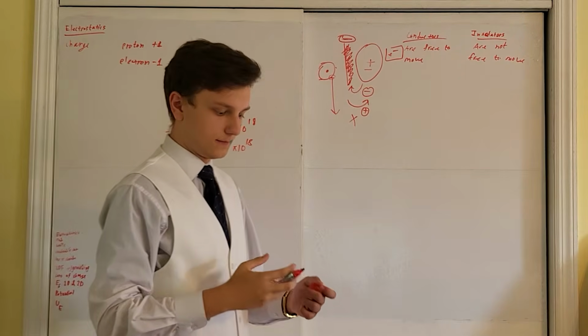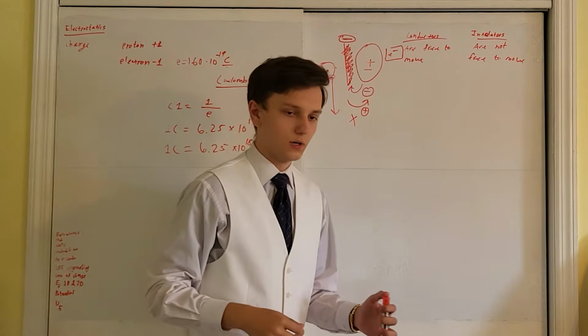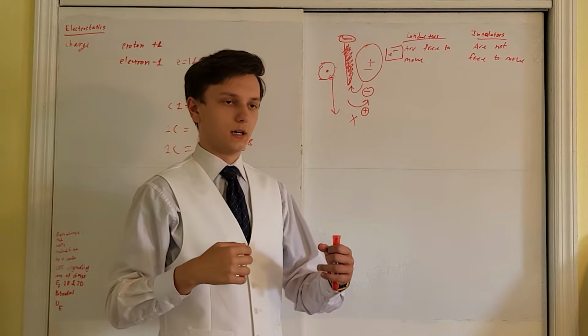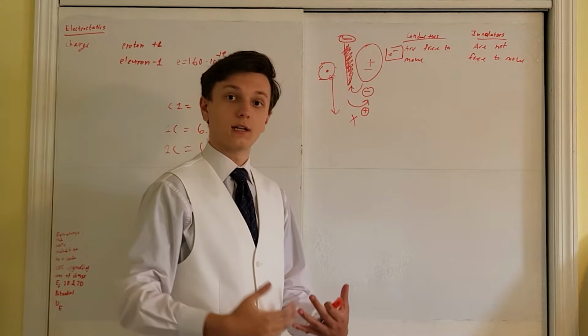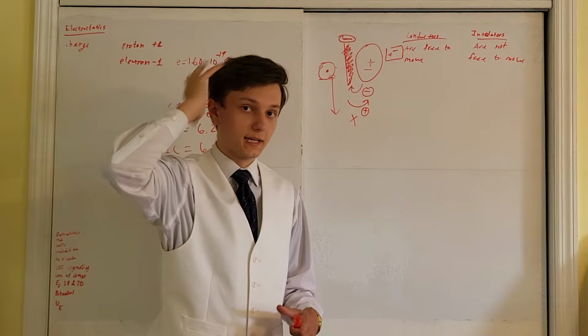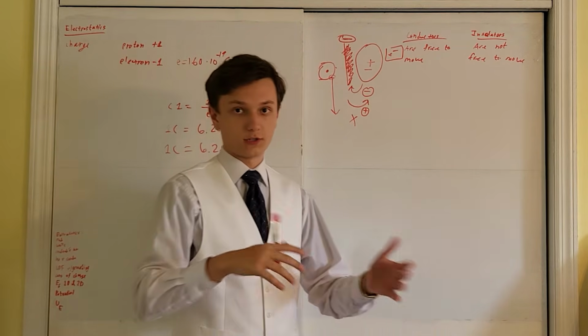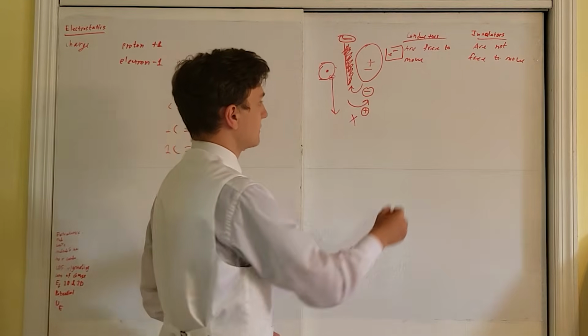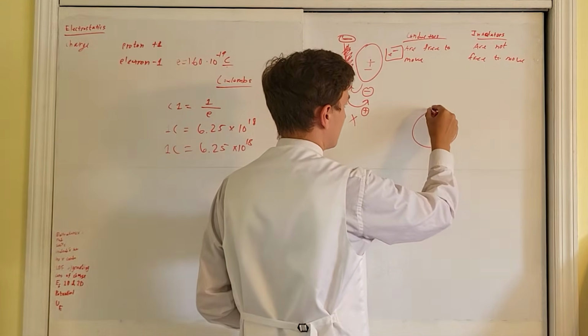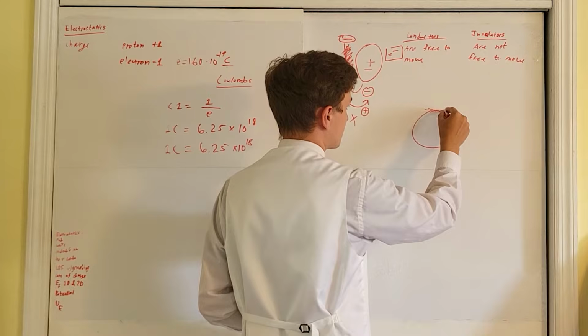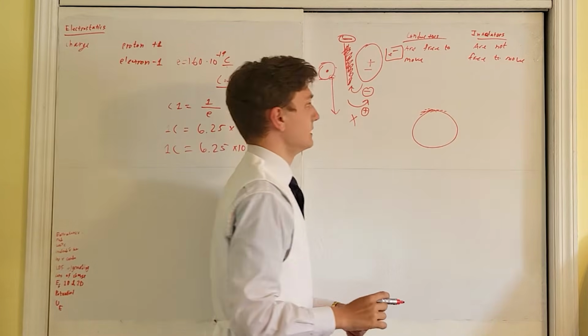In an insulator, you would need to apply a pretty significant force, like you do when you rub the balloon against your hair, in order to get electrons to move from one surface to the other, okay? And if we zoom in on the balloon, only the electrons from the surface of the balloon can be abstracted.